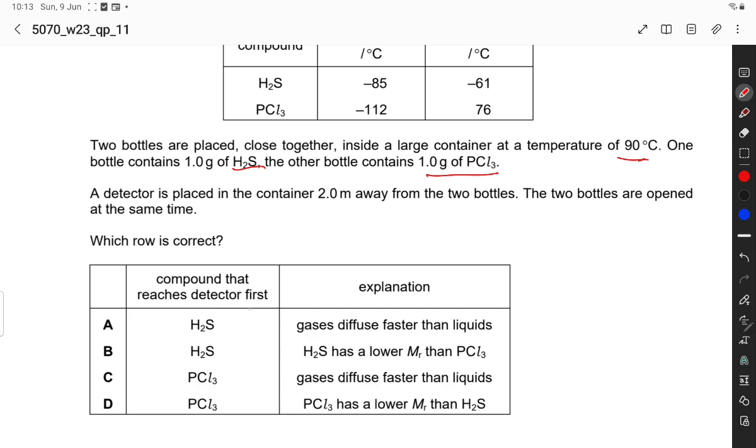The compound that reaches the detector first: the Mr of H2S is 2 plus 32, which is equal to 34, and for PCl3, phosphorus is 31 and chlorine is 35.5 times 3.